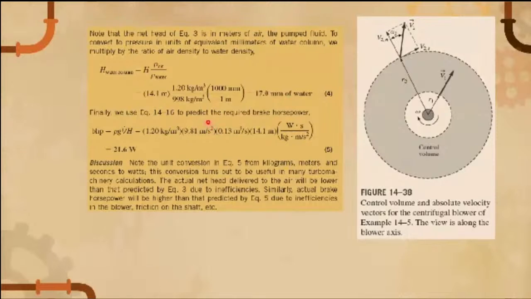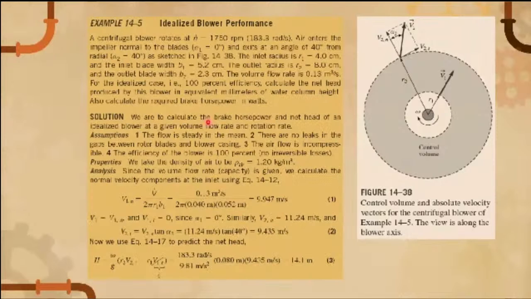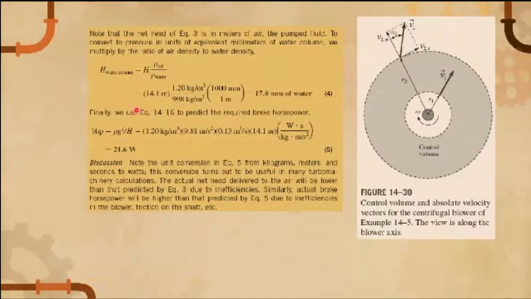Then you need to predict the brake horsepower as well. Also calculate the required brake horsepower; since your pump is 100% efficient, there's no need to worry about the efficiency. You just need to continue with the calculations for the brake horsepower.